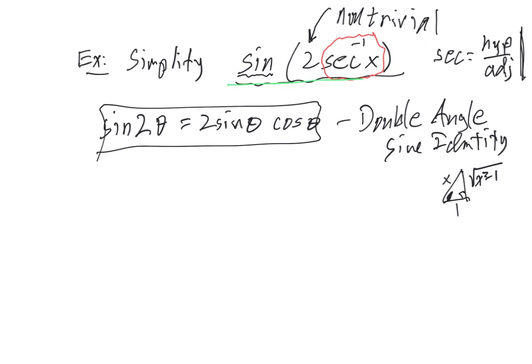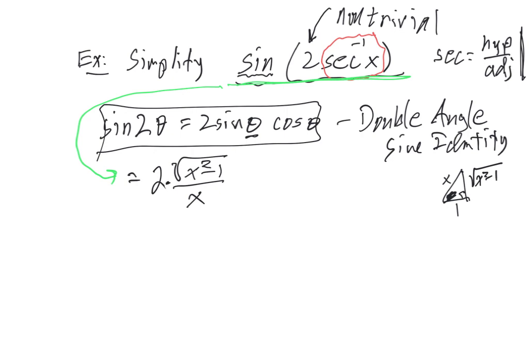And therefore, the thing we've been given, we can simplify using the identity as twice the sine of this angle times the cosine of this angle. Well, the sine of this angle over here is opposite over hypotenuse, square root of x squared minus 1 over x.